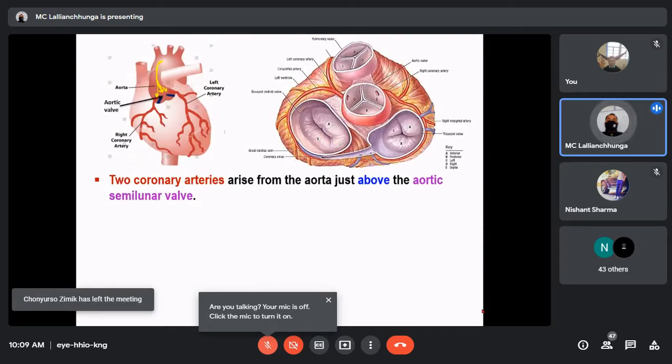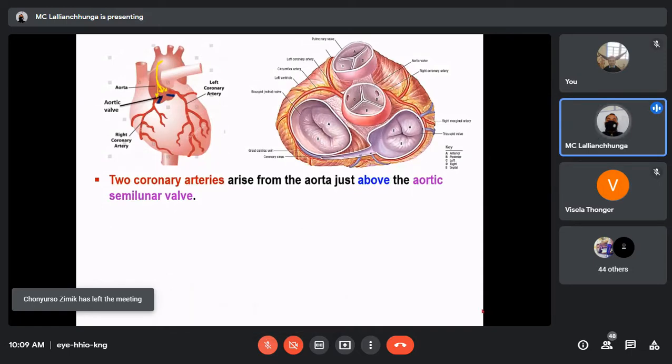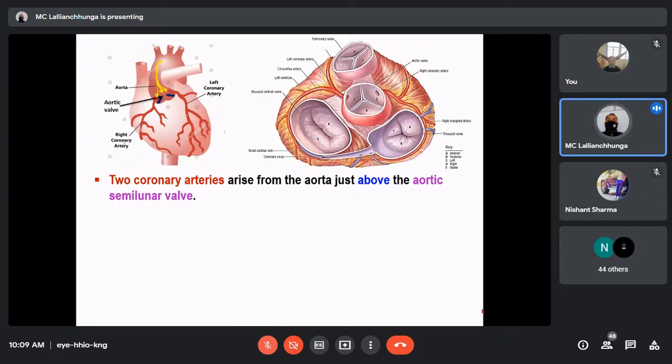Now let's see first the coronary arteries. There are two main coronary arteries which arise from the aorta just above the aortic semilunar valve. Now you see the first diagram, which I have edited. Number one is the right coronary artery. This big artery is the aorta, and here I'm drawing the aortic semilunar valve.